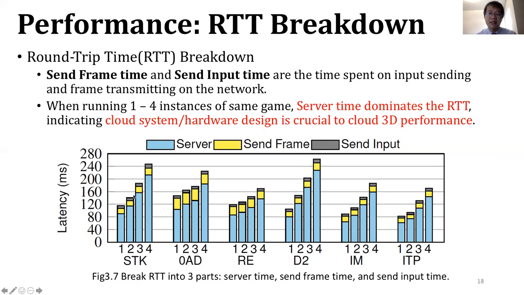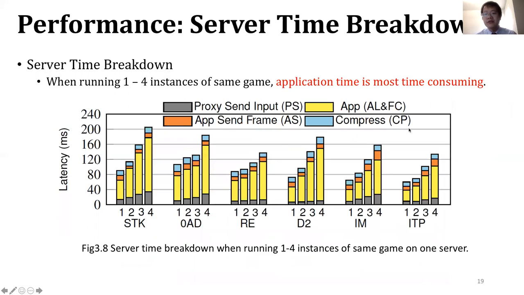From this figure, we can learn that server time, the blue bar, dominates the RTT, indicating cloud system and hardware design is crucial to cloud 3D performance. In order to find the bottleneck of a server, we further break down the server time into 4 parts. And from this figure, we can learn the application is most time consuming. So we will further break down the application time.